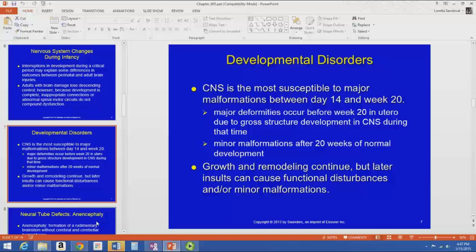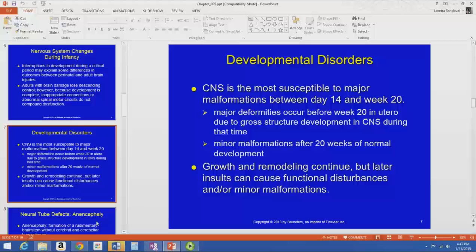After week 20, minor malformations occur. A lot of the developmental disorders that occur after week 20 are a little bit smaller. Major deformities are before week 20, between day 14 and week 20. So I really want you to know those critical periods, and know that major deformities occur before week 20 and minor malformations after week 20.